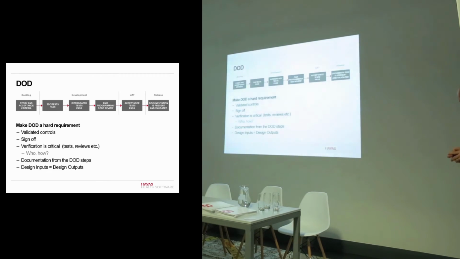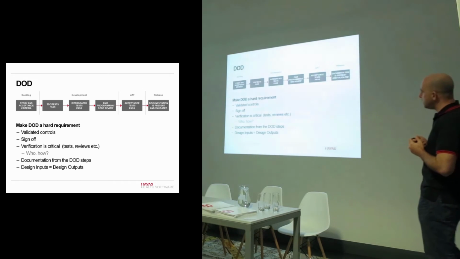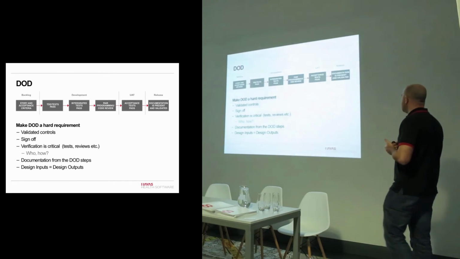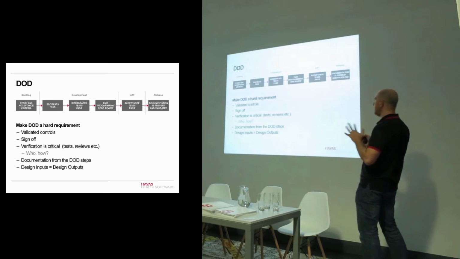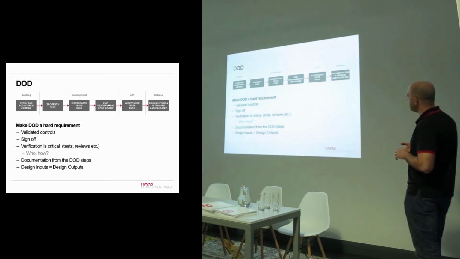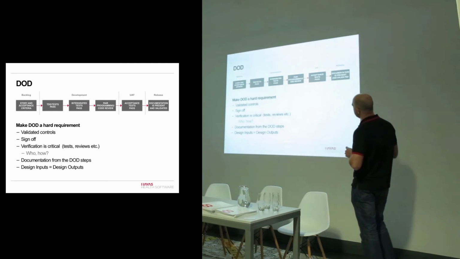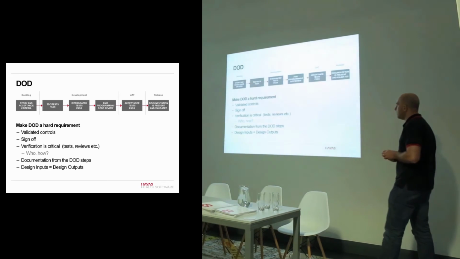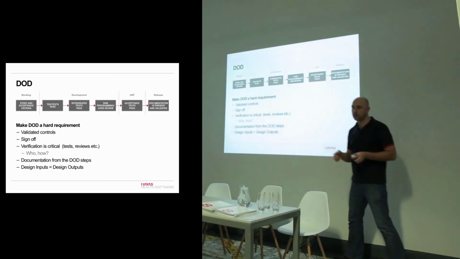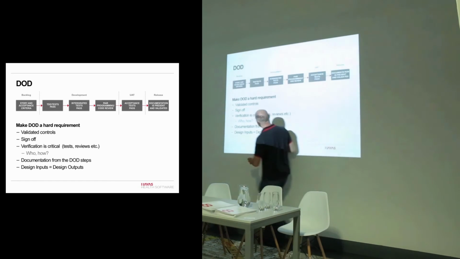So in an Agile process, there's something called the definition of done. I've tried to summarise this as best I can, and this is different for everybody. I apologise to those of you who are not familiar with Agile.